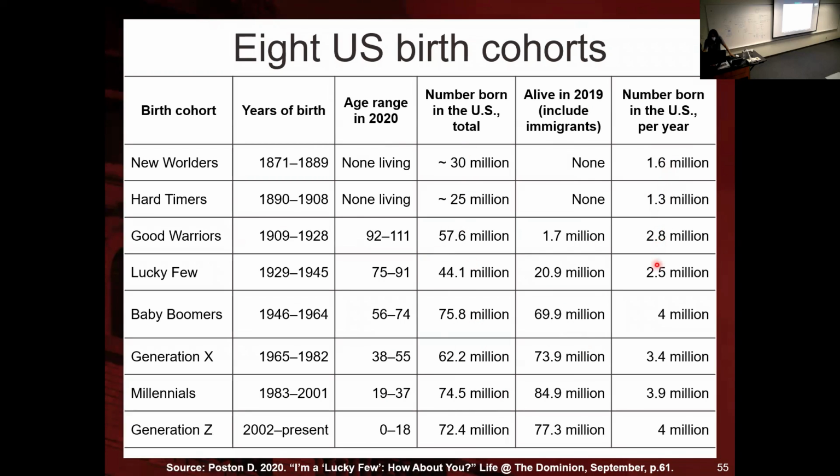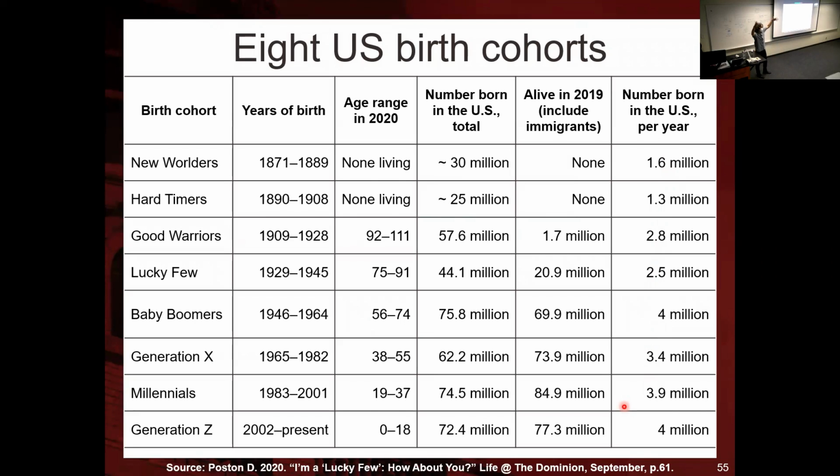So we see baby boomers increase a lot, from 2.5 million per year in the lucky few to 4 million. And then it declined again. Generation X, millennials and Generation Z increase a little bit, but that's because the overall size of the population is big. So the number of people being born is not necessarily increasing because of an increasing trend in fertility.